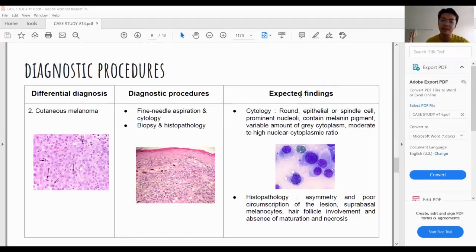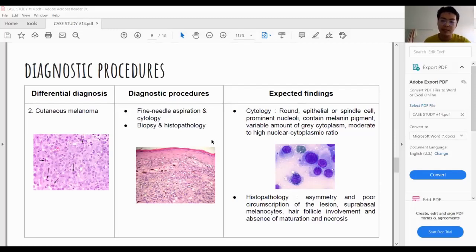For the diagnostic procedure for this disease, we will normally do a fine needle aspiration cytology, but biopsy for histopathological examination is essential to evaluate its malignancy potential.